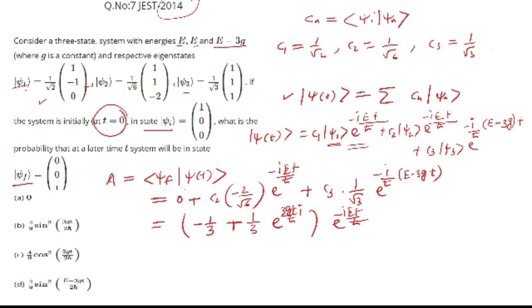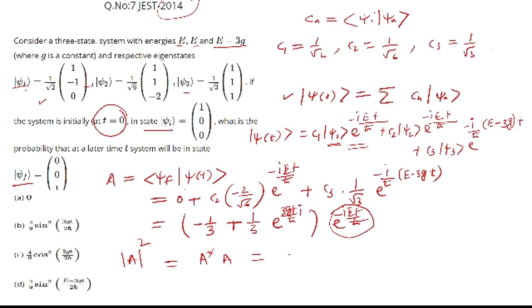Now to find the probability, that is the magnitude of A squared, magnitude is A star A. So magnitude of A squared means A star into A. Then this global phase will be cancelled, so only this part will remain.